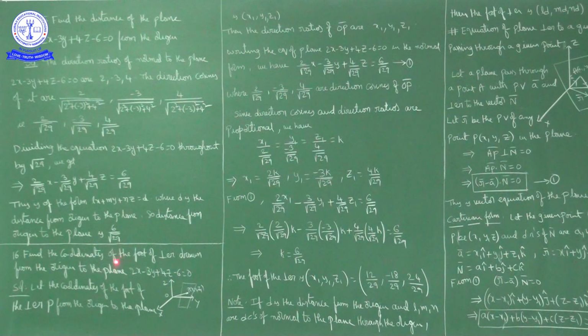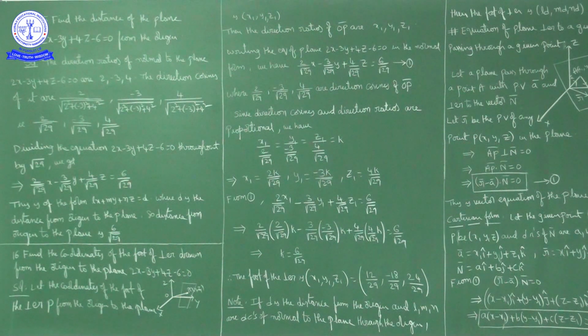Next question. Find the coordinates of foot of perpendicular from origin to the plane 2x minus 3y plus 4z is equal to 6. Previous question, this question, plane equation is same. Here the question is find the coordinates of foot of perpendicular from origin to the plane. Means from origin a line is drawn perpendicular to this plane, and this line intersects the plane at point P(x1, y1, z1).